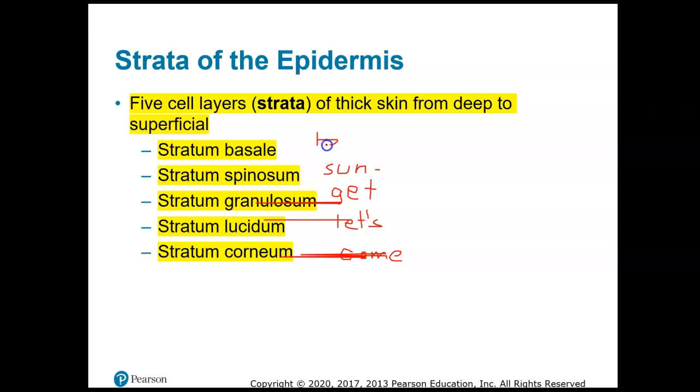Kind of a little funny sentence because that relates to skin, when you get too much sun. And I apologize about the messiness, but that's the sentence. Come, let's get sunburned. If you remember that, it's going to help you with the layers from superficial, this is the top layer, all the way to the deepest layer, okay?